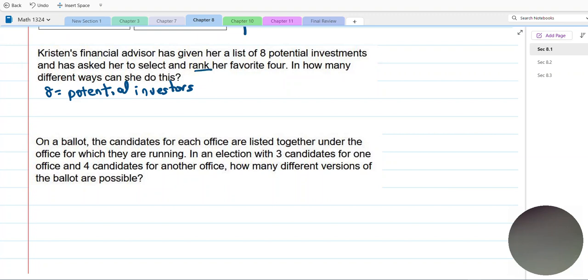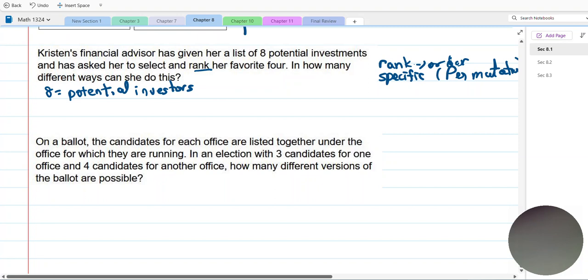Rank meaning order specific. So we're going to use a permutation. All right, now we justified what we're going to use. Her favorite 4. So my r is 4. How many ways can she do this?